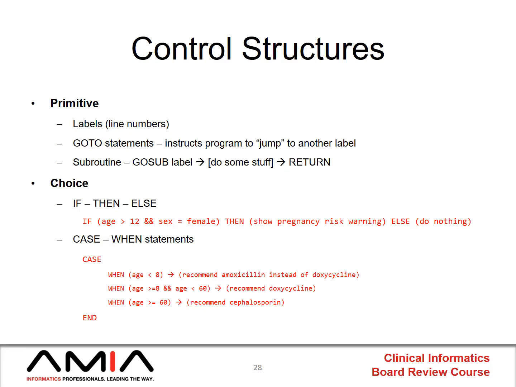If, then, else, this is an example of one. So I'm saying if the age of the patient is greater than 12 and the sex equals female, and notice the double ampersand here is how, in this computer programming language, we're representing the and Boolean operator. So if that first statement, age greater than 12, is true, and the second statement, sex equals female, is true, then show the pregnancy risk warning, or else do something or do nothing.